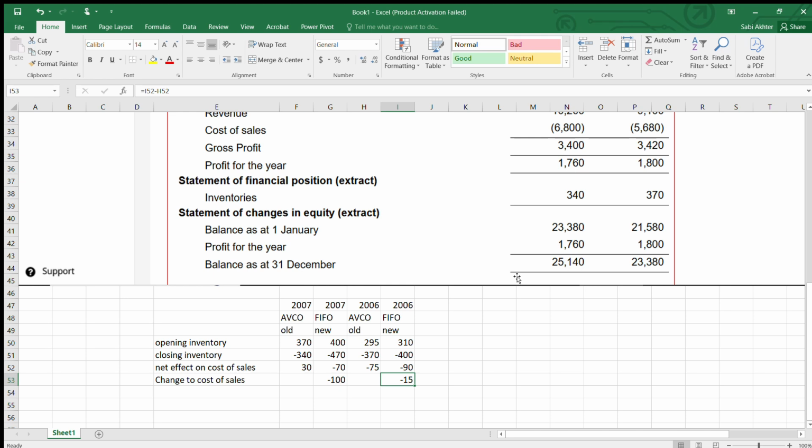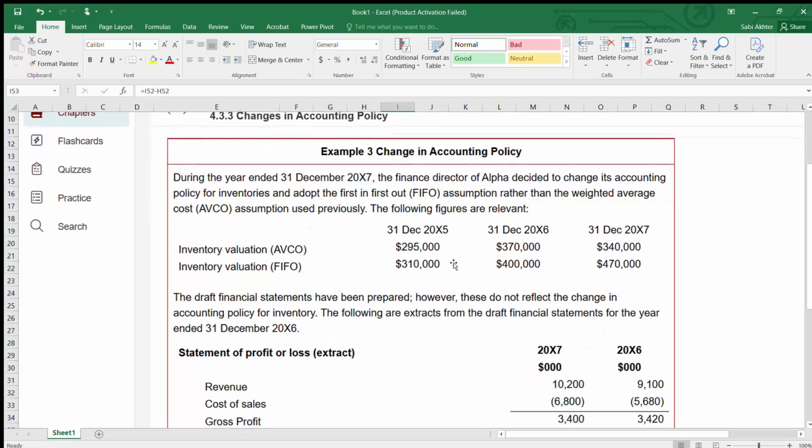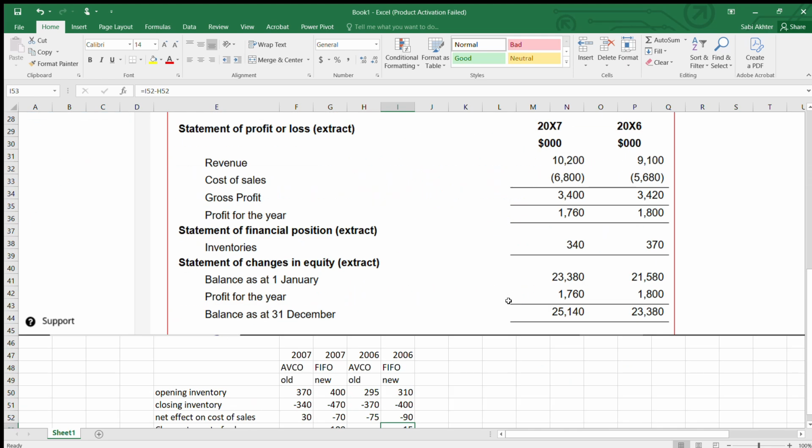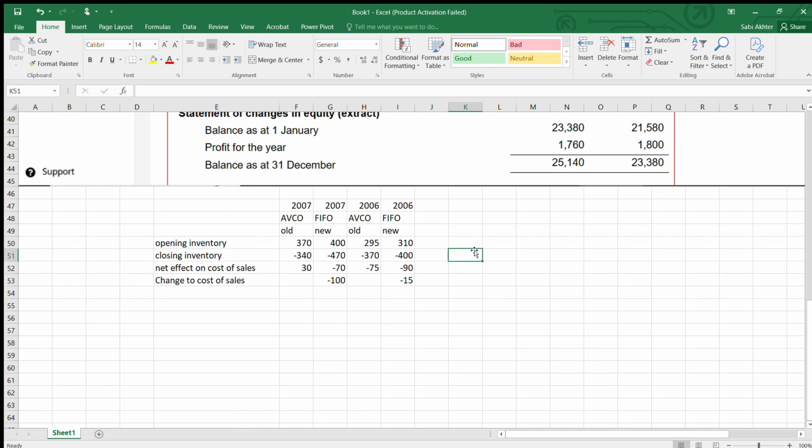Which is 310 minus 295. See, only check 31st December 2005, the inventory valuation for LIFO and FIFO: 295 and 310. So it's a prior period adjustment, the difference between these two, 310 minus 295.